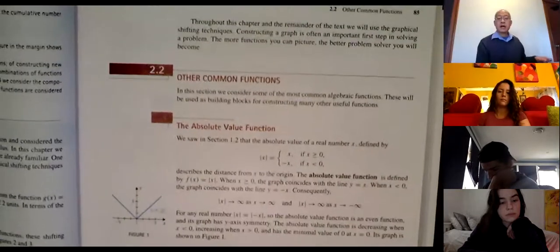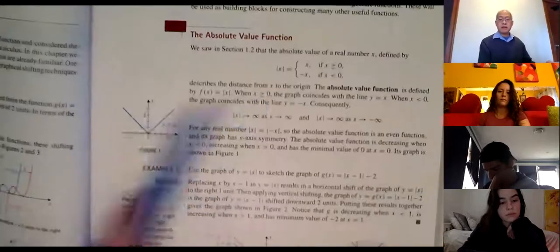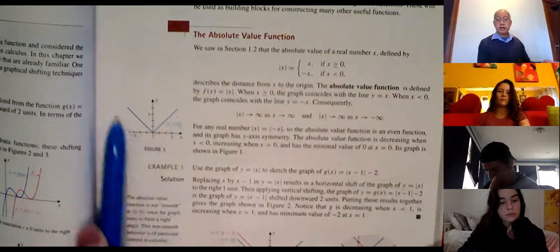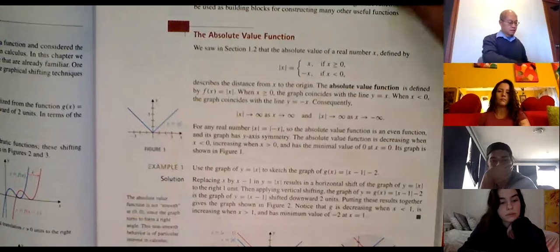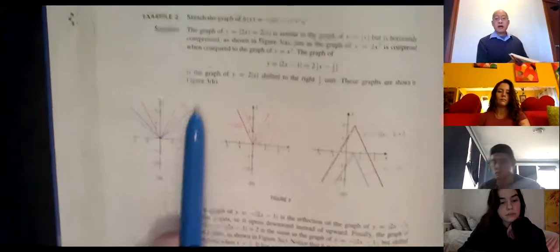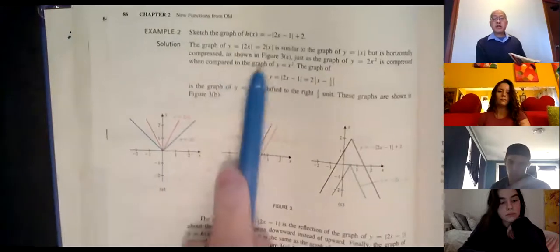And 2.2, I tried to show some of this for you, but the absolute value function is V-shaped, so it looks like this. Here's a formal definition of the absolute value function also, but just think of it like this. And here are some changes you can make to it.